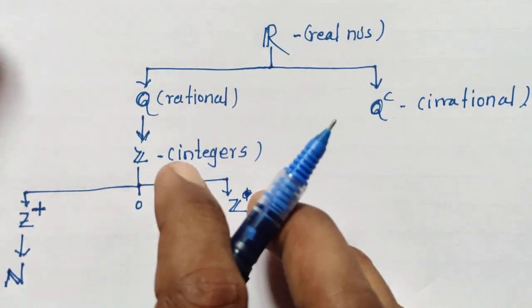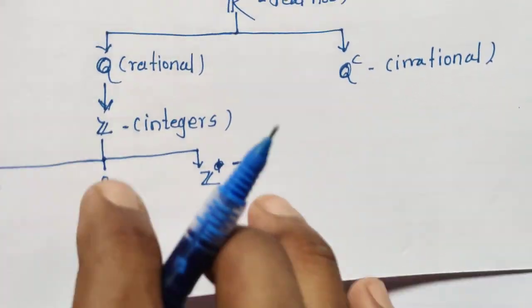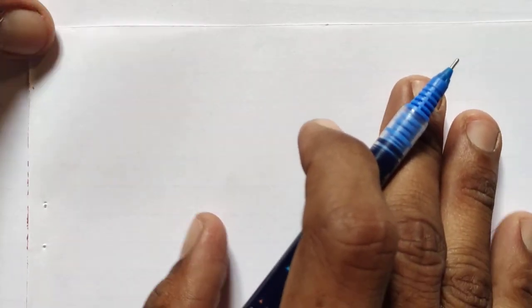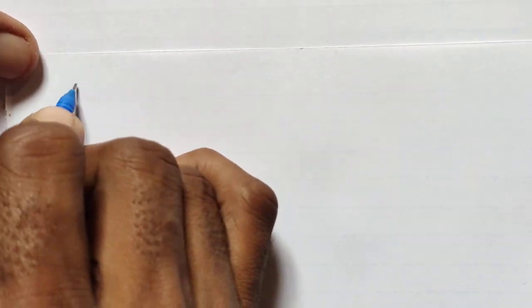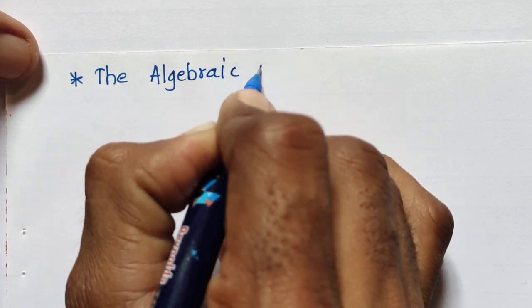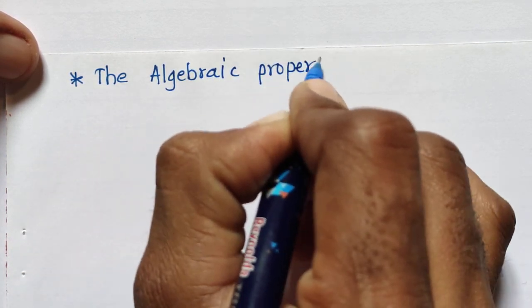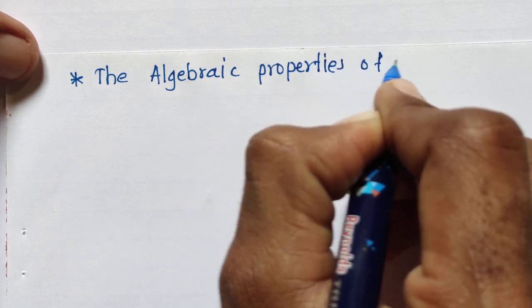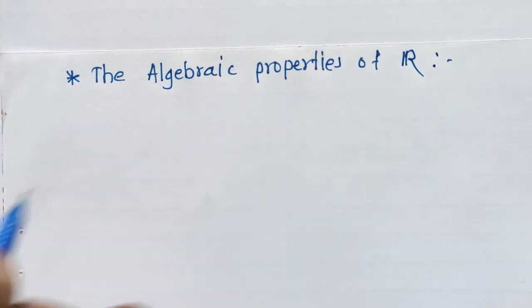Now we will see some algebraic properties of real numbers. The next topic is the algebraic properties of R, or real numbers.